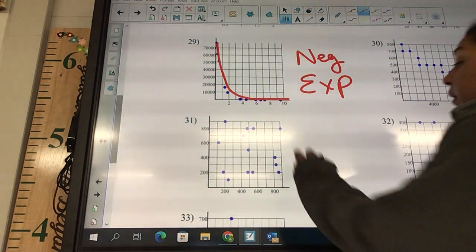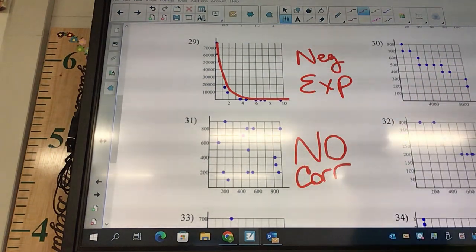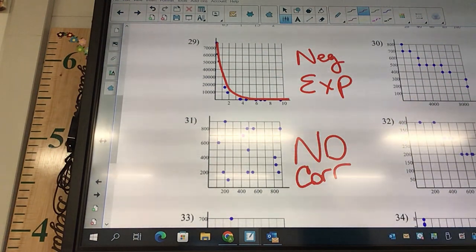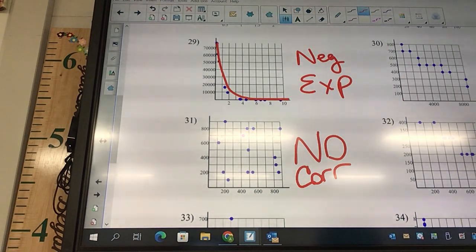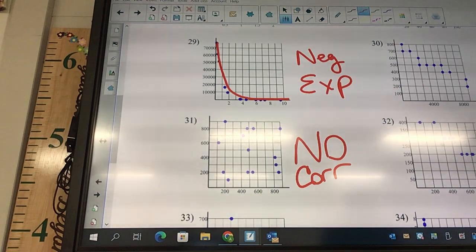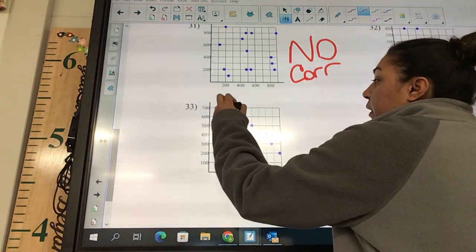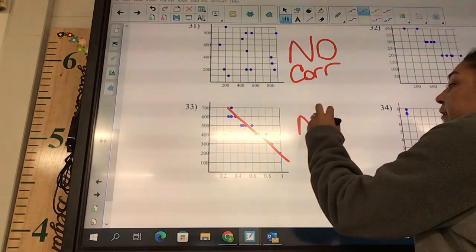It's definitely a no. 33. It's definitely going negative. And it's linear.